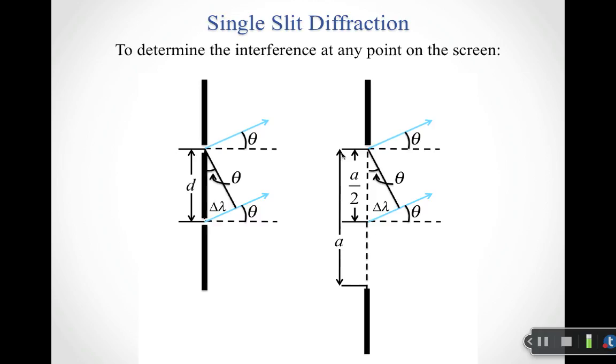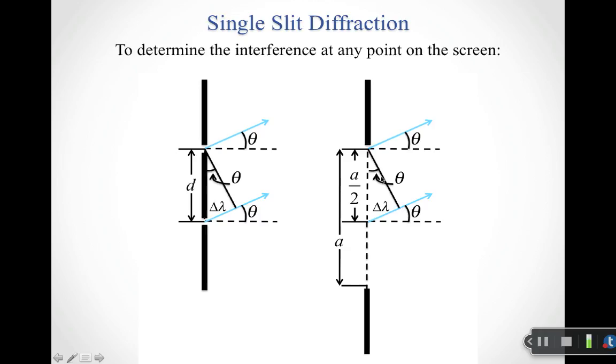And so what we're going to care about here is that A is what we'll use for the slit width. So we're going to care about this triangle. It's got a hypotenuse of half the slit width, so this is A over 2. Again, here's the path difference that we're interested in.